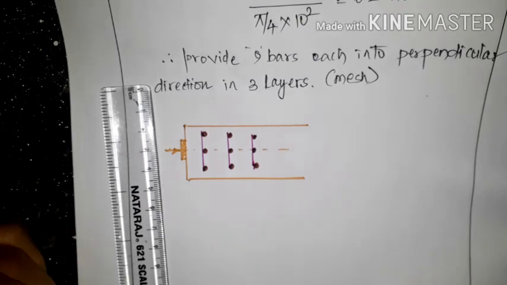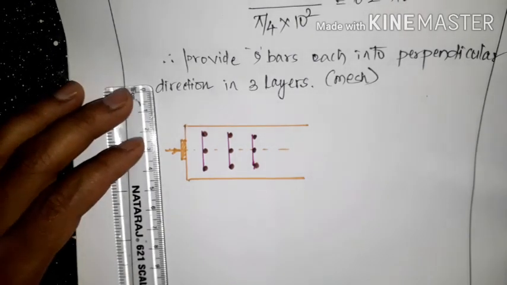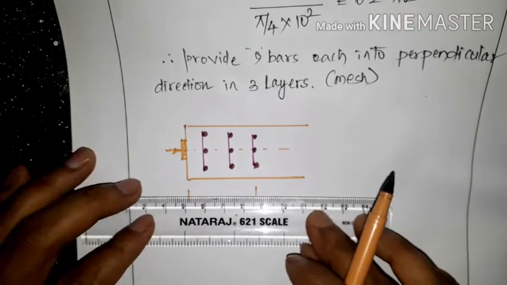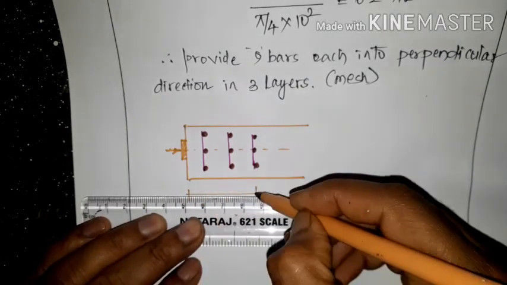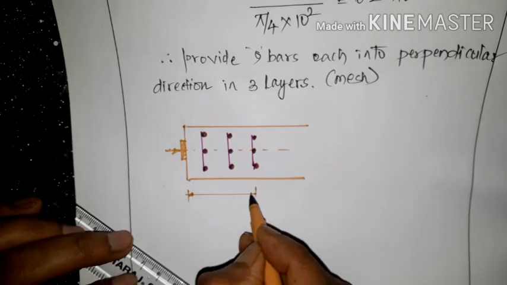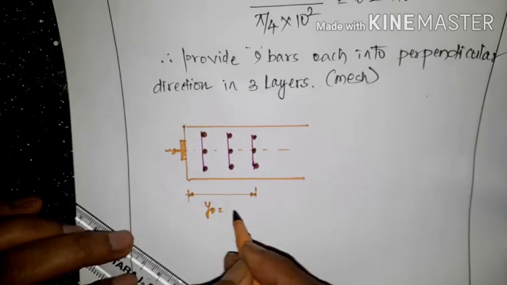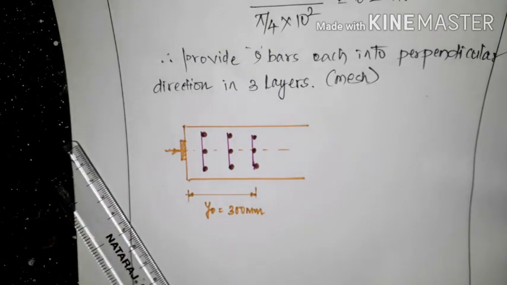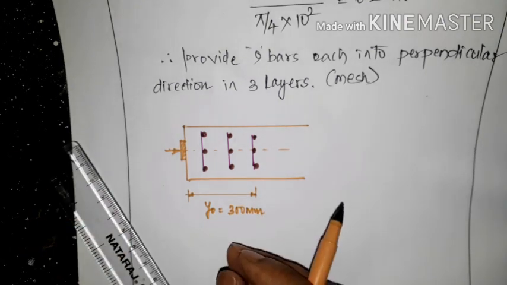So it's an elevation. This we have to provide at a distance of up to what distance? We have to provide these reinforcement to a distance of y0, that is 300 mm. Understood?